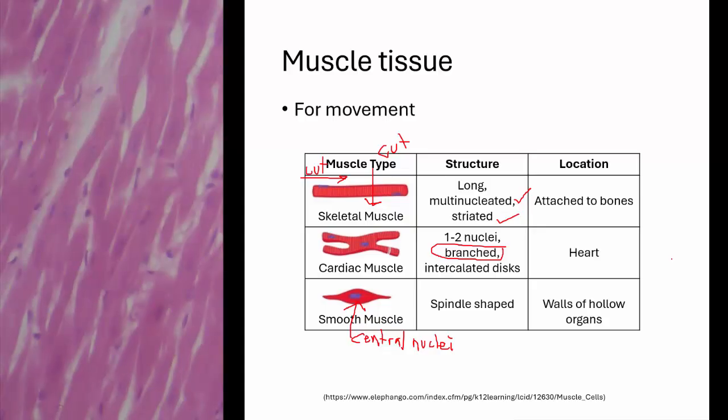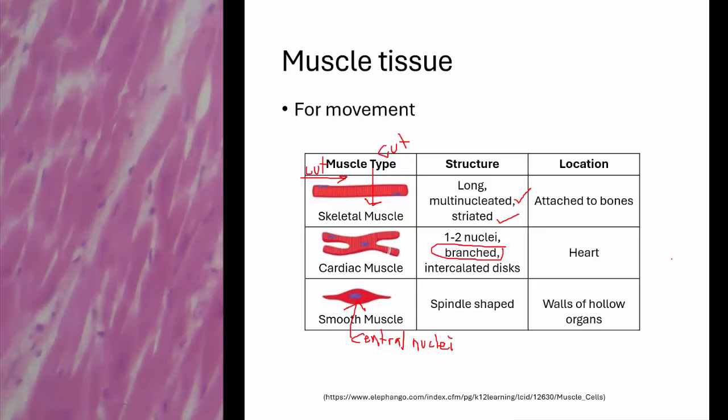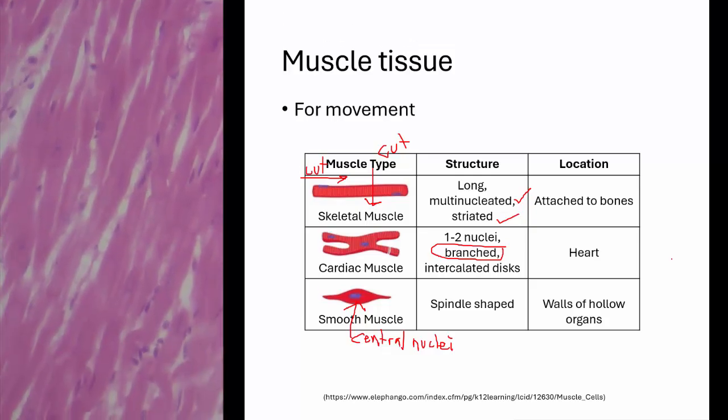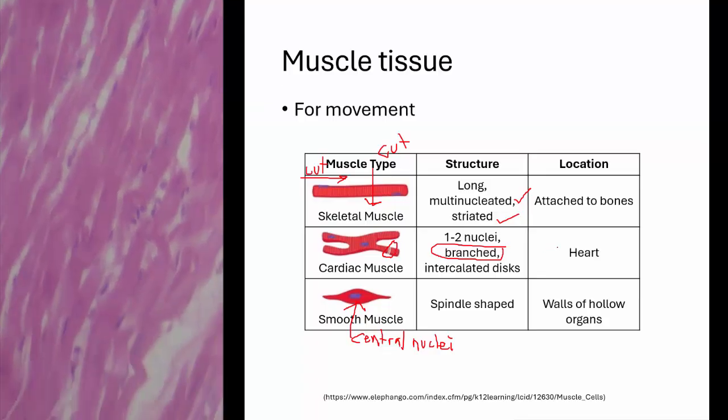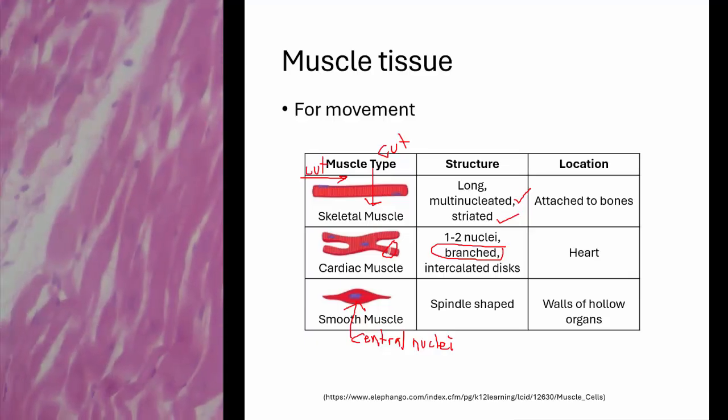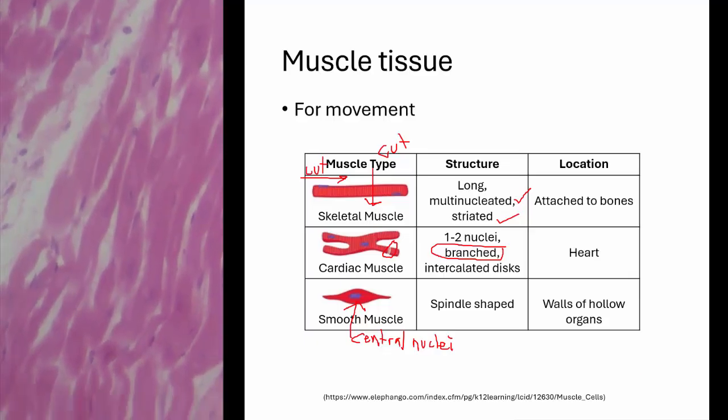So different to smooth and skeletal, which just move in one straight line from A to B, these are sort of going off in all sorts of directions. And so you can't really see the striations that well. There's something called intercalated discs, which again are a little hard to see. So you're just going to have to go on the general pattern of how the cells are orientated and the idea that there could be more than one nucleus per cell.